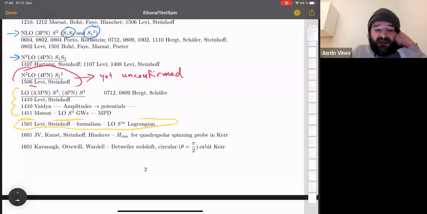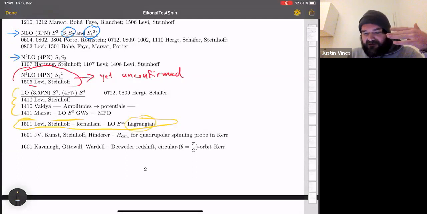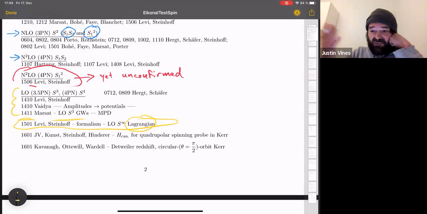Where Levi and Steinhoff wrote down a Lagrangian, so there was still left the task of, say, integrating out the gravitational field in this PN EFT formalism, but they, in principle, wrote down a Lagrangian that should work to give the leading order post-Newtonian contributions to all orders in spin. That's what I mean by spin to the infinity.